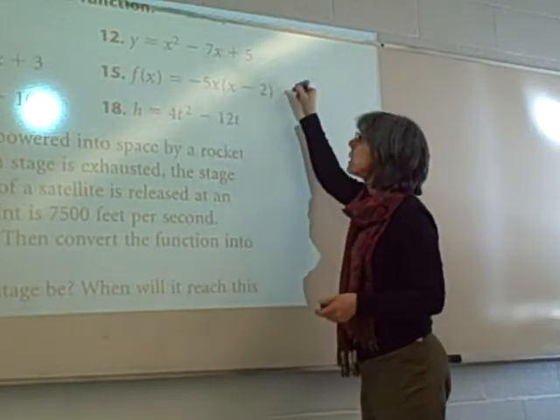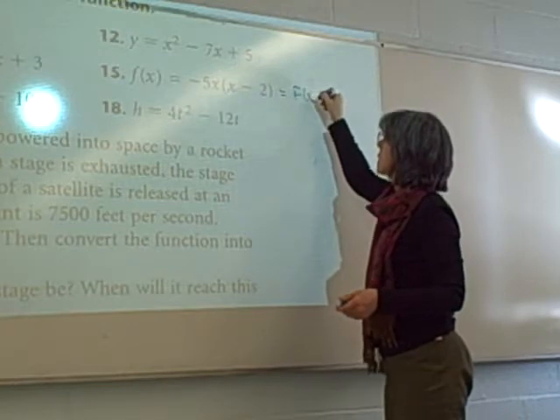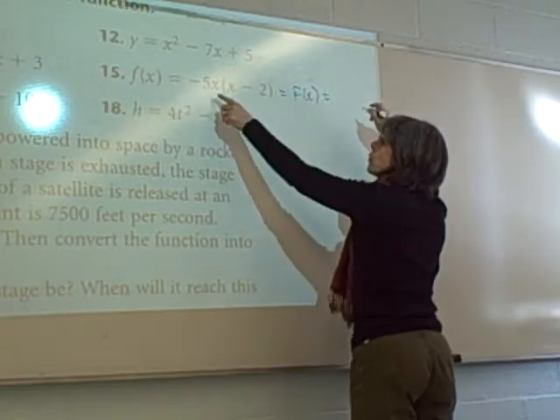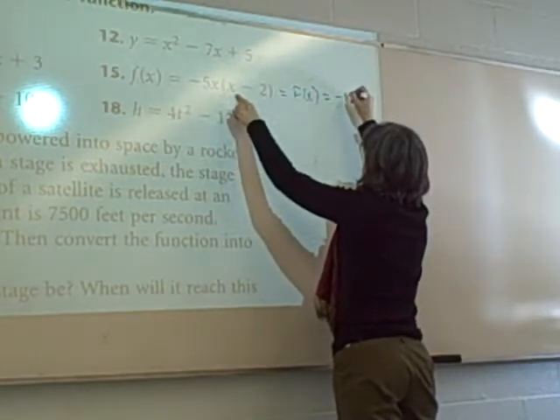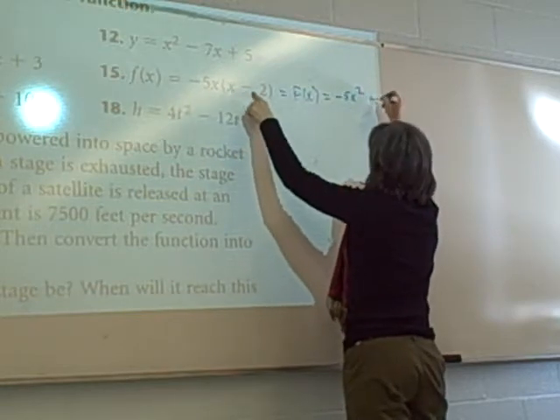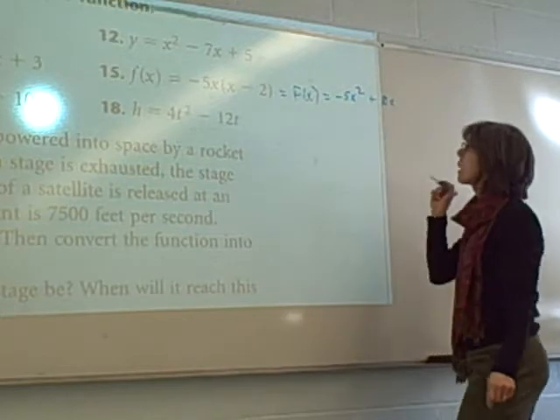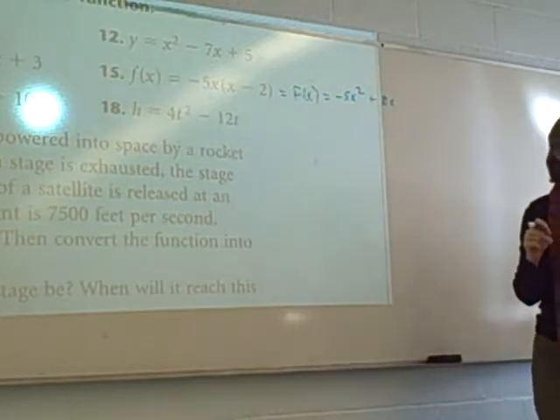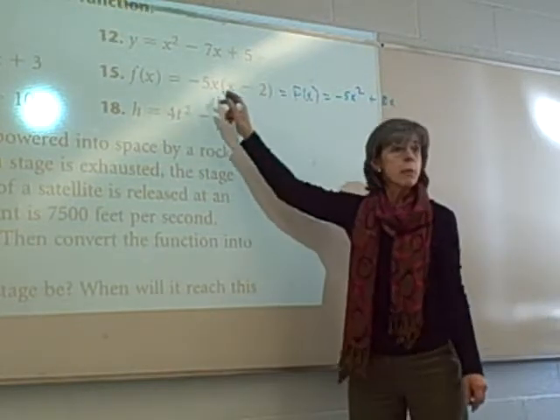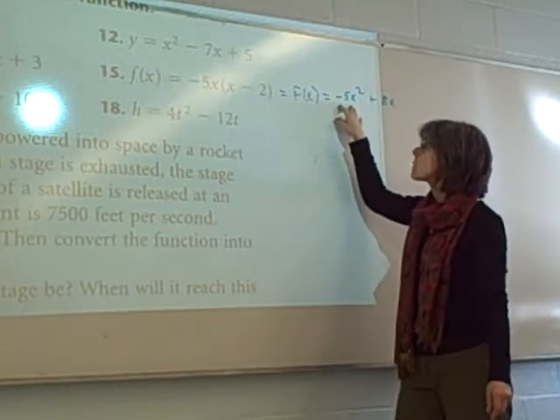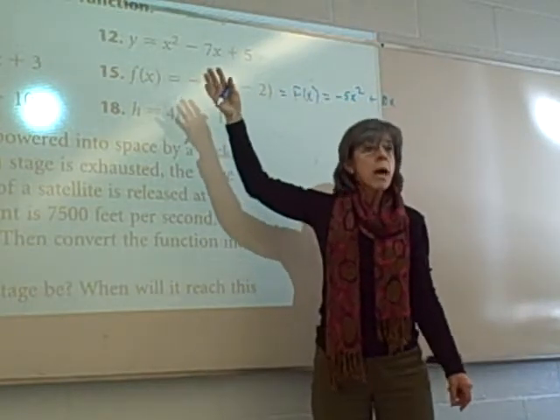So I'm going to rewrite this as f of x is equal to, what is that going to be, negative 5x squared plus 10x. Okay. I did the distributive property. Well, now I have a square number. We're doing quadratics.